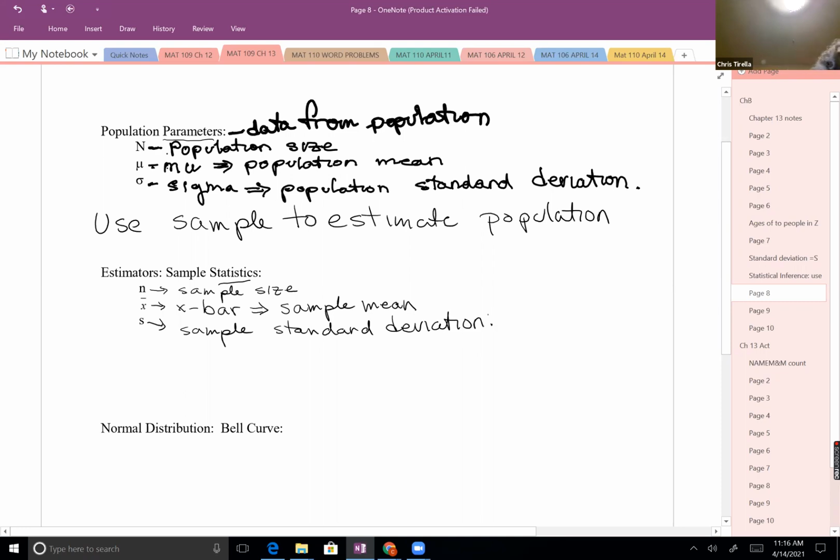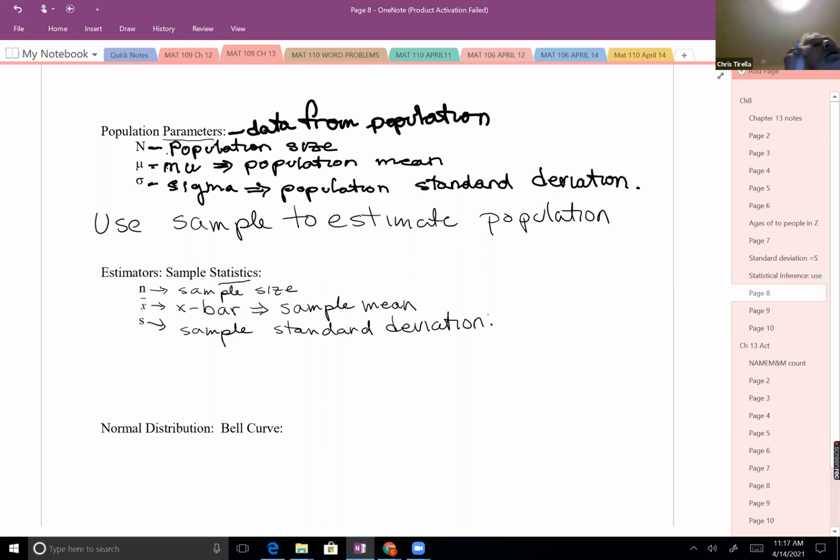And so if you have an opportunity to take a statistics class, you'll find the relationship between these in the formulas that we use when we use that sample to estimate the population. Recognize though, with population terminology, it's parameters. With sample, it's statistics. Uppercase N is the population size, lowercase n is your sample size.